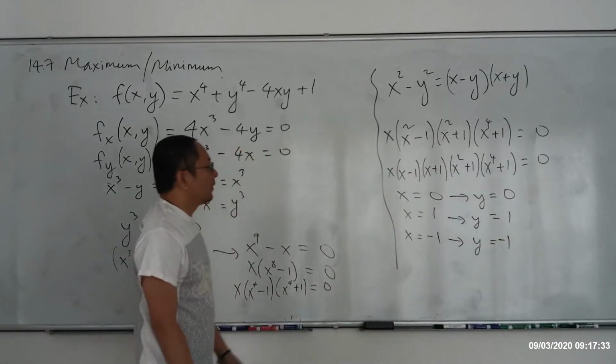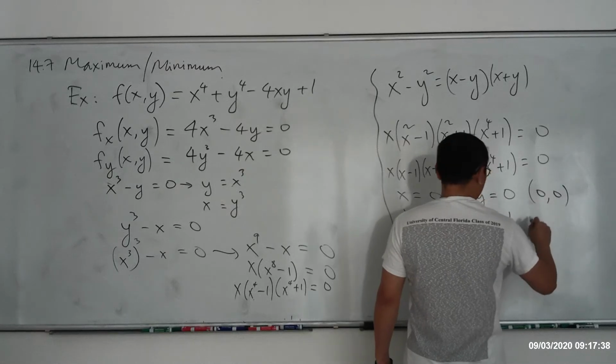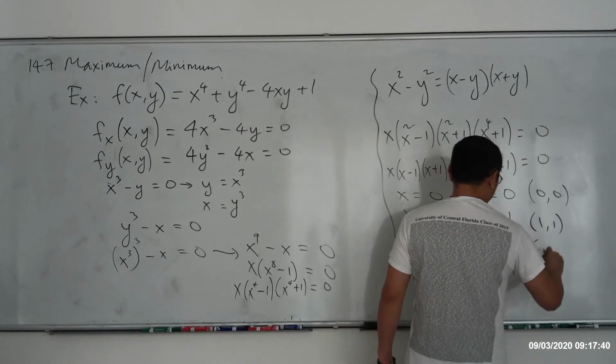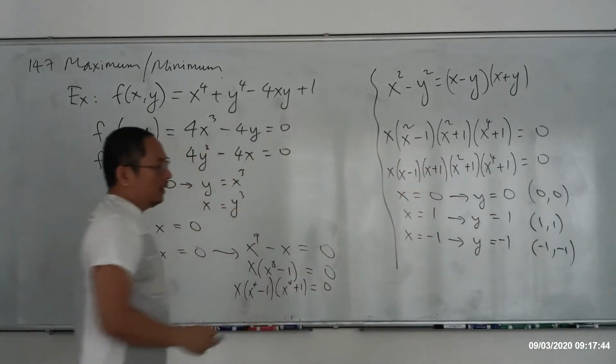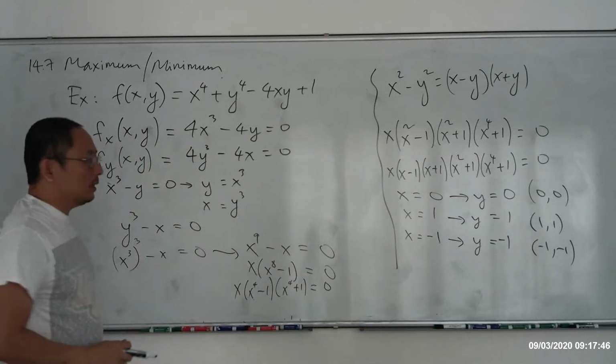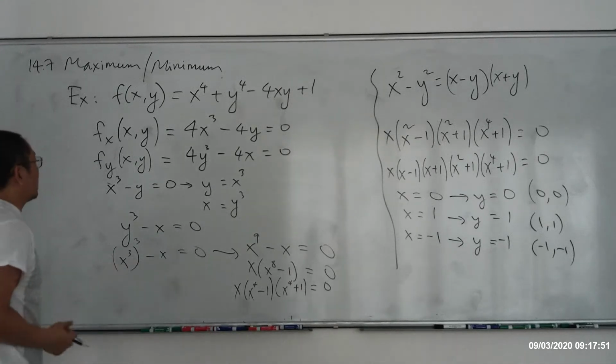So you have 3 critical points: (0, 0), (1, 1), and (negative 1, negative 1). They could be a local max, a local min, a saddle point, or maybe neither. Who knows? We have to test.